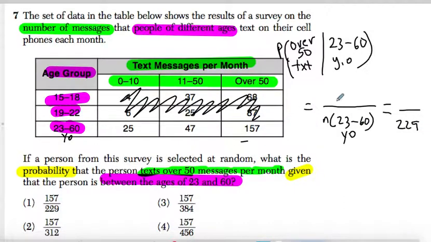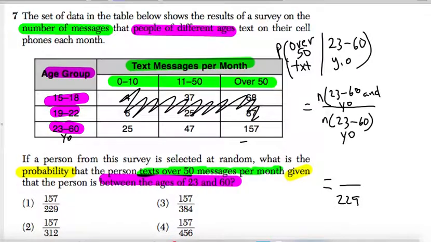Now, out of those, how many of them are 23 to 60 years old? And I'm going to move this down here, guys. This is all about conditional probability. How many of them that are between 23 and 60 years old also send over 50 texts, right?